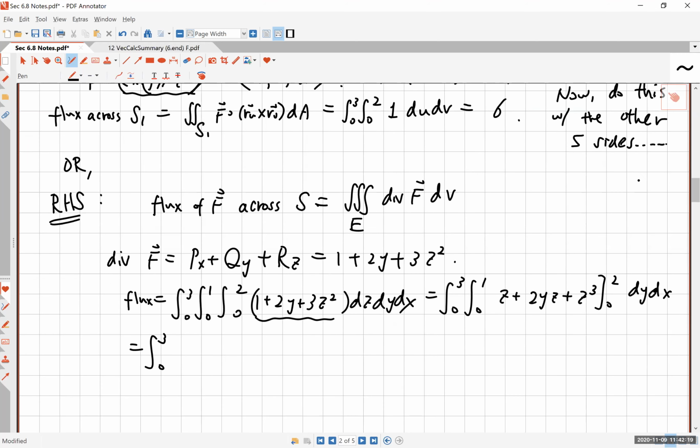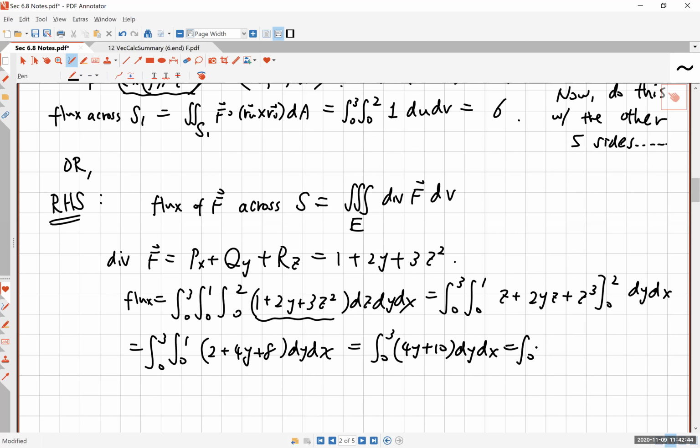If I were you, I would try to follow along and make sure you can do each step. So when you plug in 2, you get 2 plus 4y plus 8. And then dy dx, and this happens to be 4y plus 10 dy dx, and I'm missing something here. It's supposed to be 0 to 1.